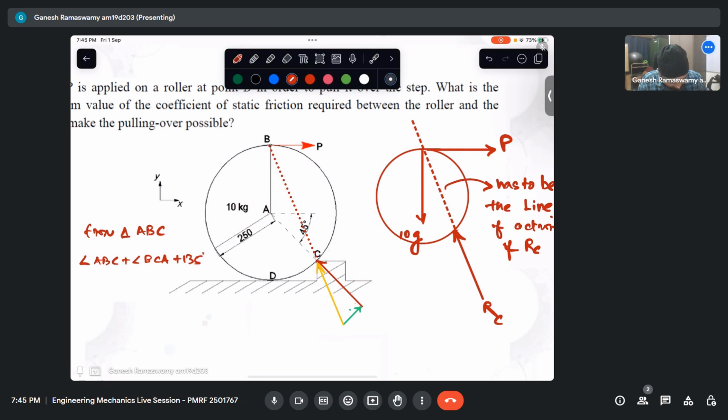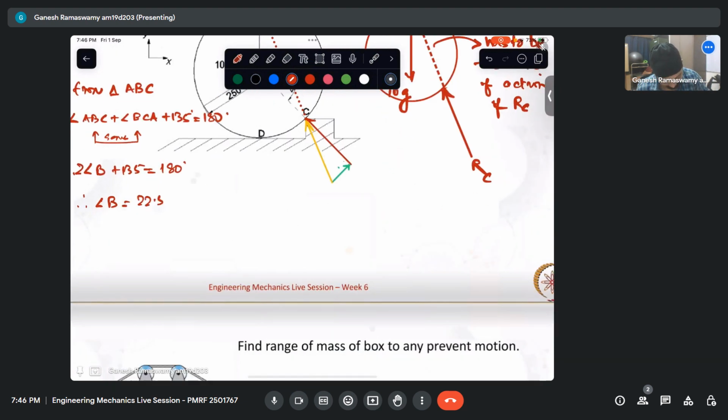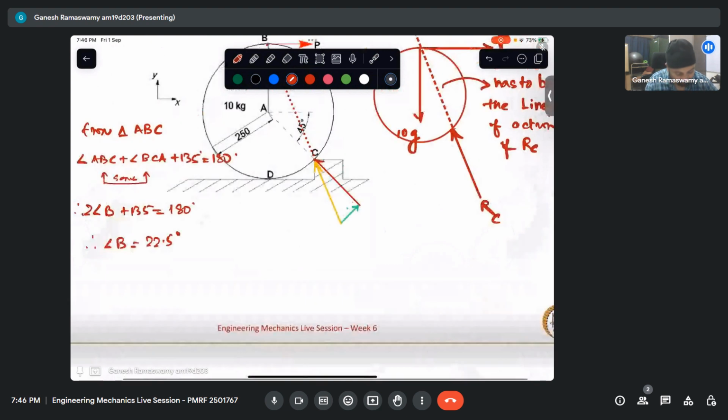But these two are the same. Therefore, 2 times angle B plus 135 is 180 degrees. Therefore, angle B is nothing but 45 by 2, which is 22.5. So we know now that this angle is 22.5 degrees.